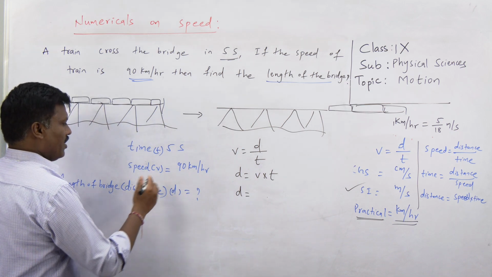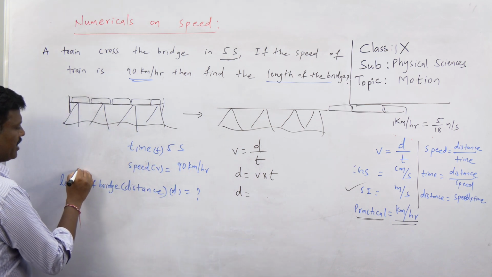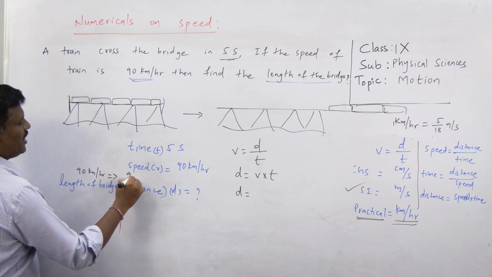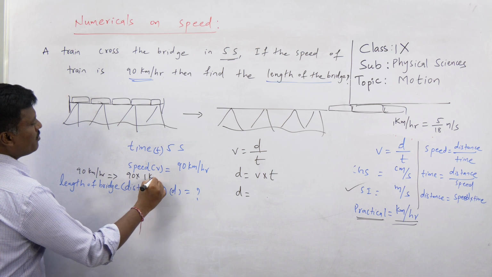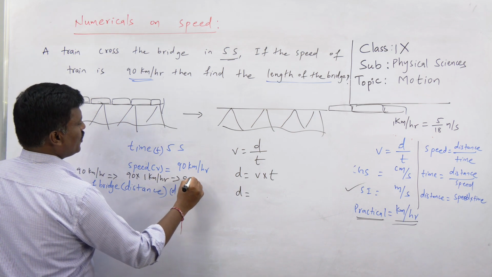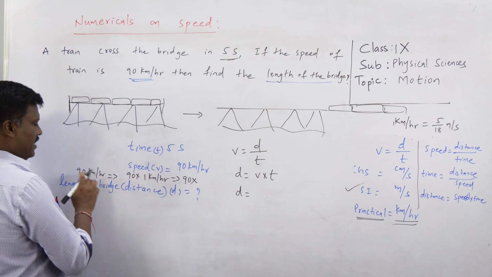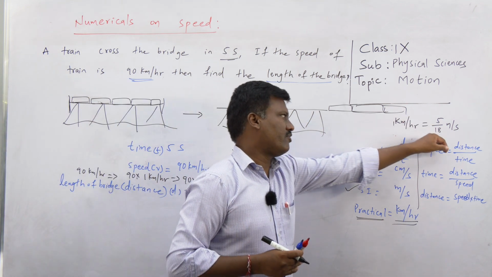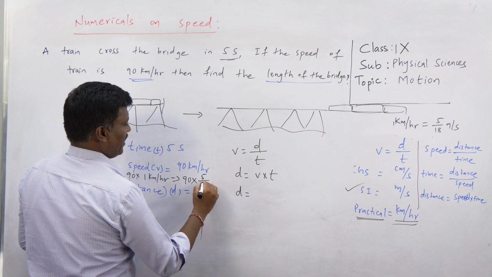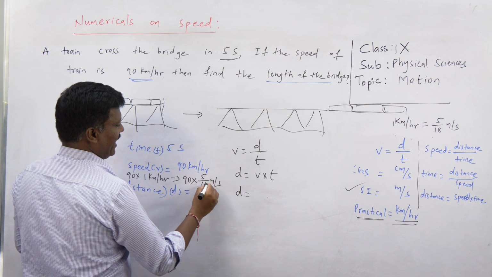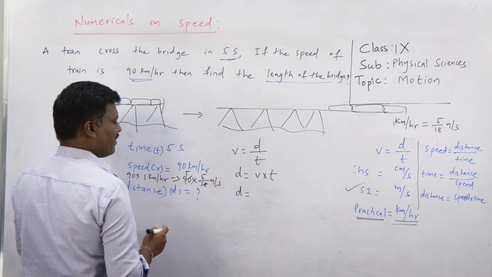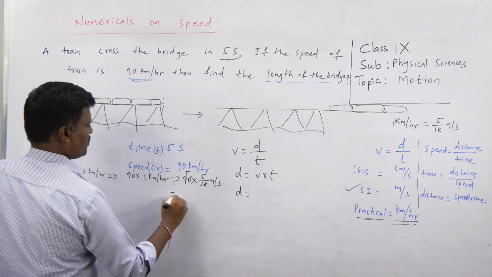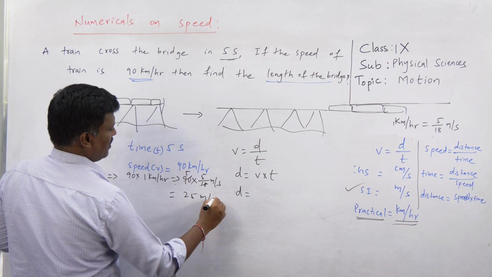This can be written as 90 into 1 kilometer per hour. 1 kilometer per hour is equal to 5 by 18 meter per second. 18 ones are 18, 18 fives are 90. 5 into 5, 25 meters per second. So speed is equal to 25 meter per second.